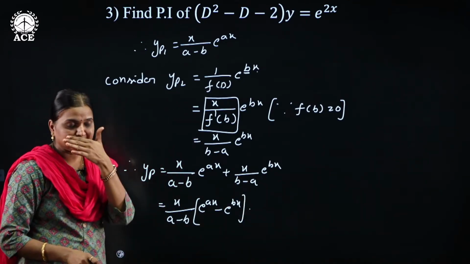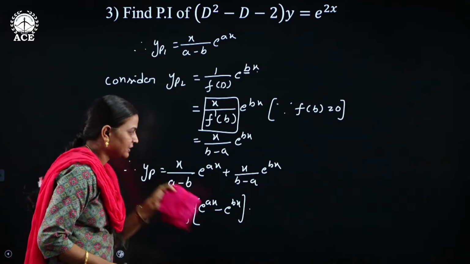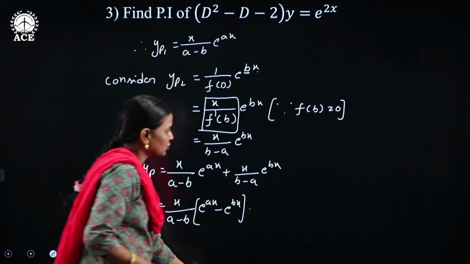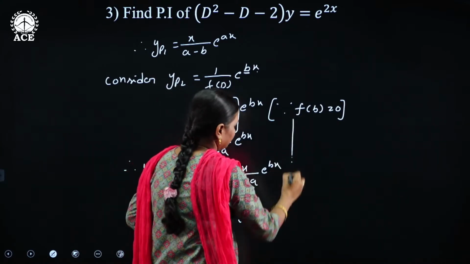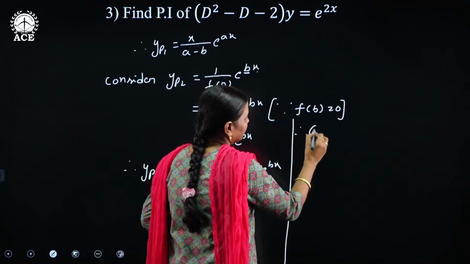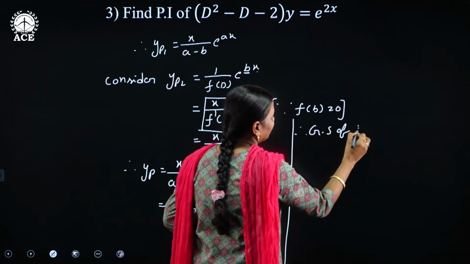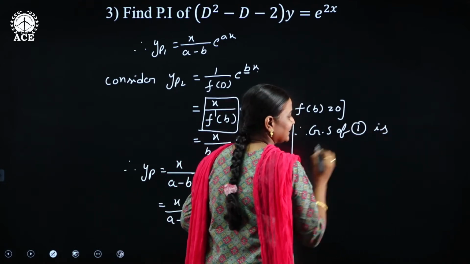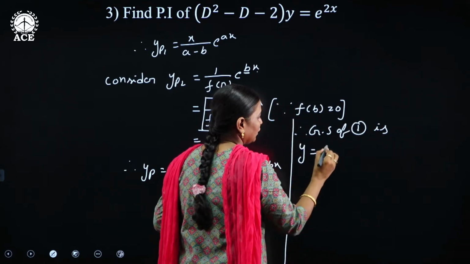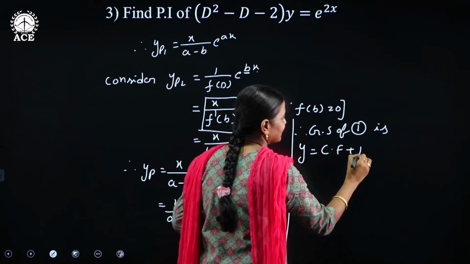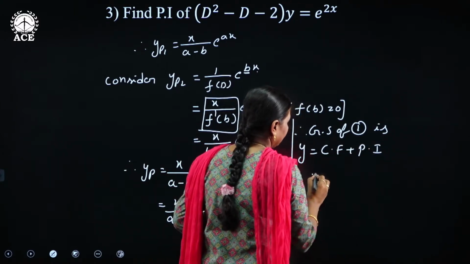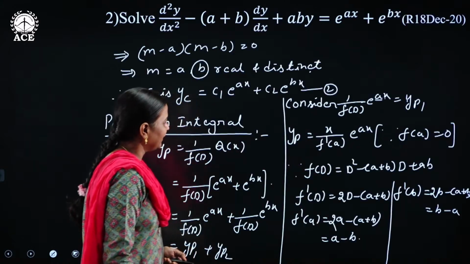Next we have to write the general solution. So what is the general solution here? Therefore, the general solution of equation 1 is y equal to complementary function plus particular integral. What is the complementary function here?